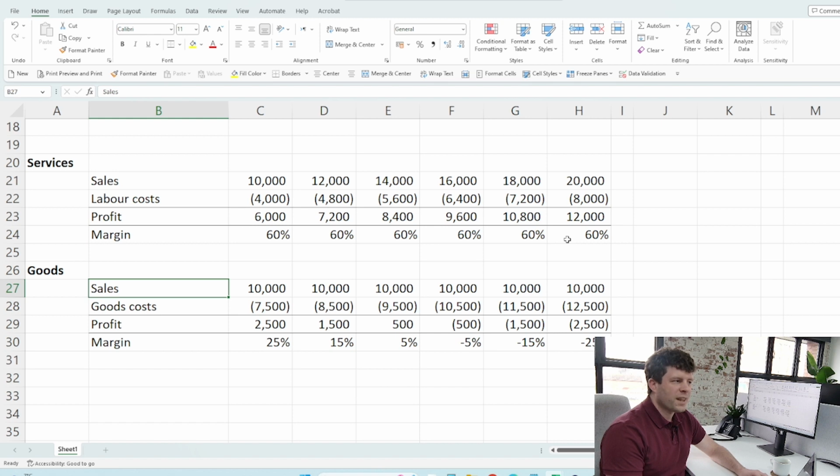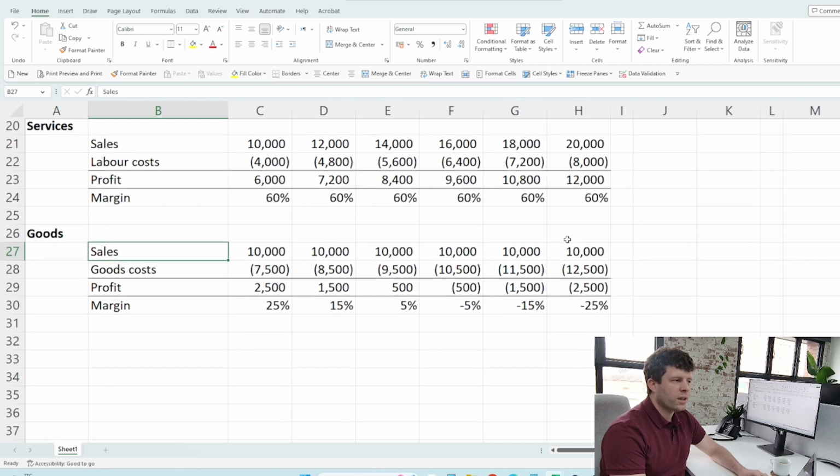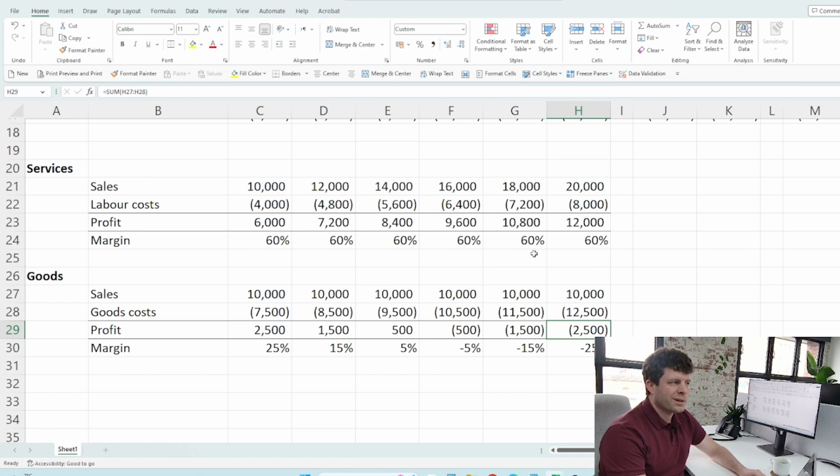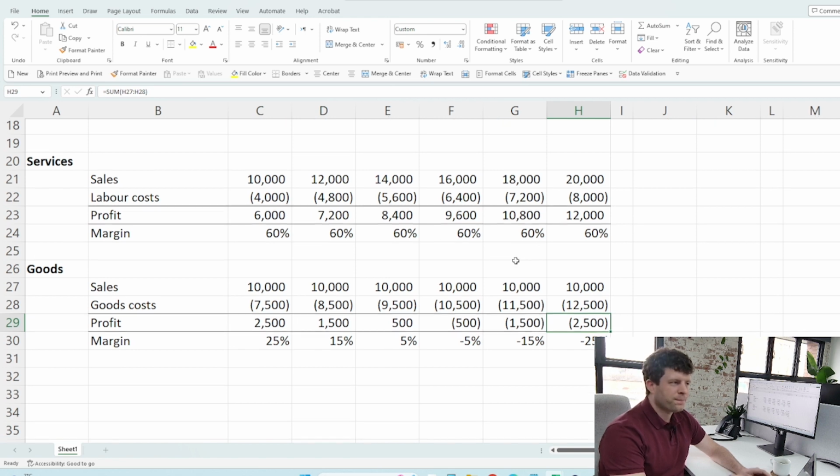But for some reason, they're not making as much money as they used to when they sell goods. And in fact, by the end of this period, they are losing money every time they sell goods. Notice in this example as well, it's getting worse and worse each month. So if this isn't noticed quickly, it could continue getting worse, and the business could soon find that they are losing so much on the goods that there's no point doing the service work.